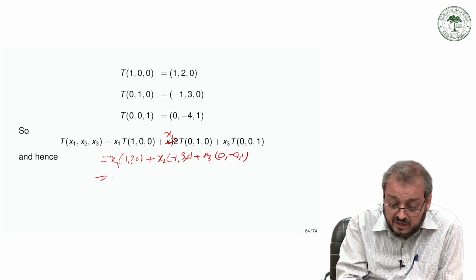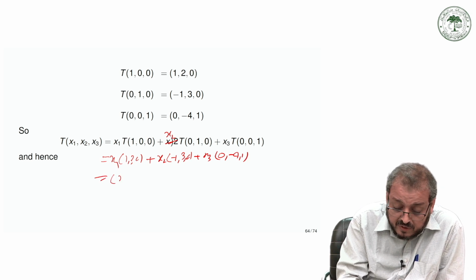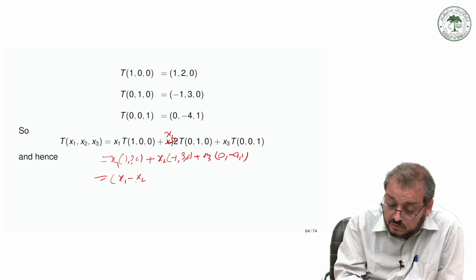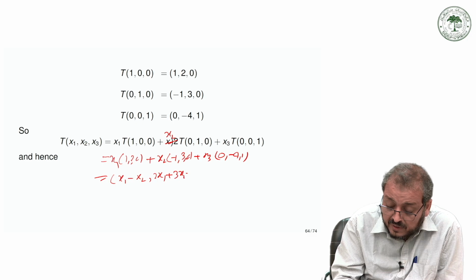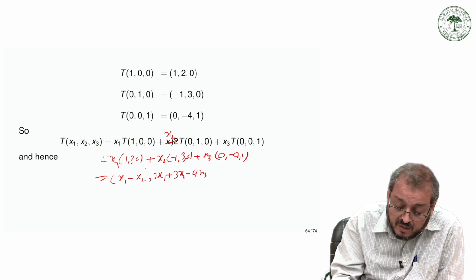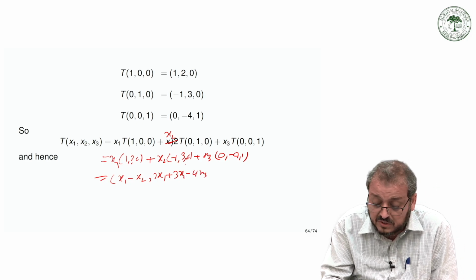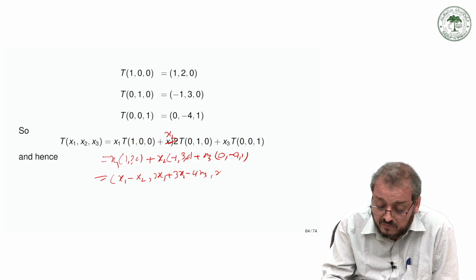Then simplify: the first term is x1 minus x2, the second term is 2x1 plus 3x2 minus 4x3, and the third term is 0, only for x3.